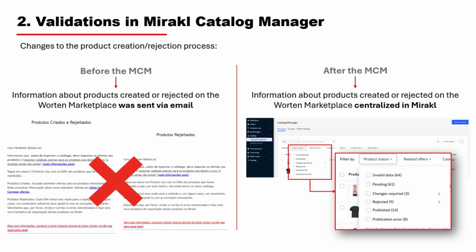After MCM, all this information is now centralized directly in Mirakl. That means you can easily see the status of your products, whether they are pending, accepted, rejected, or require changes, all in one place within the Catalog Manager interface. This makes the whole process much more transparent, efficient, and easier to manage.